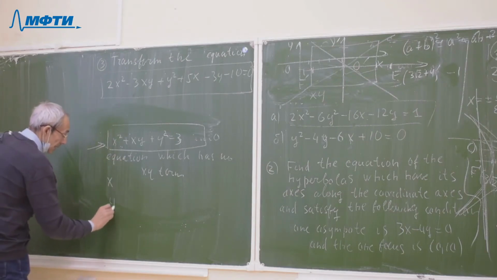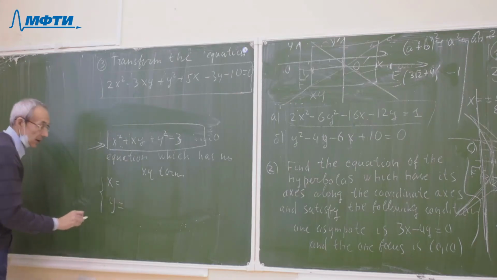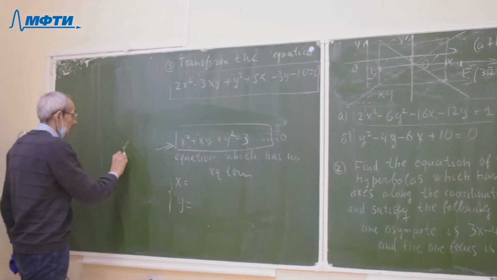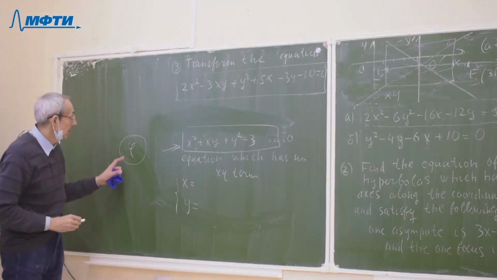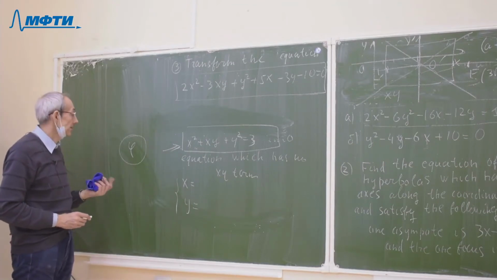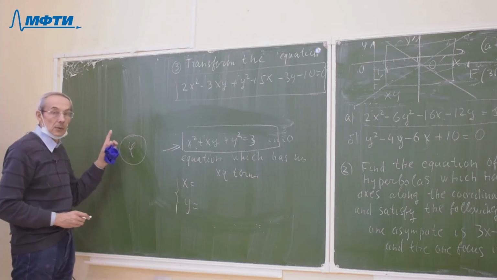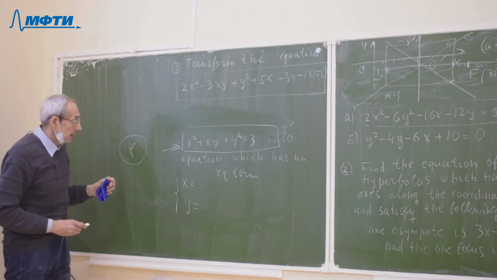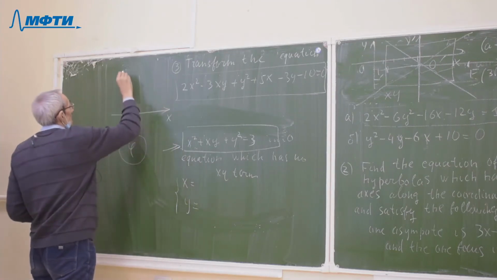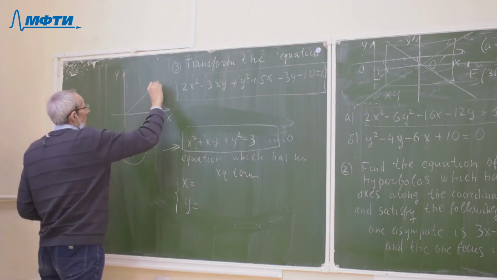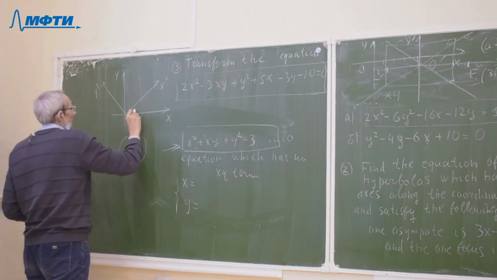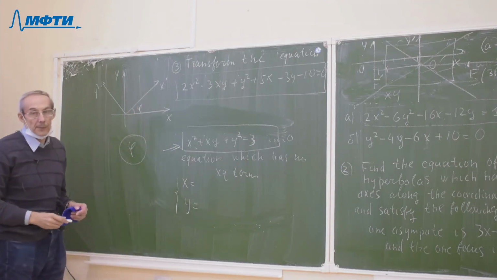We have a connection between the old coordinate system and the new coordinate system, and we have rotation by the angle phi, opposite to clock hand moving. x, y, x prime, y prime. The angle is equal to phi.